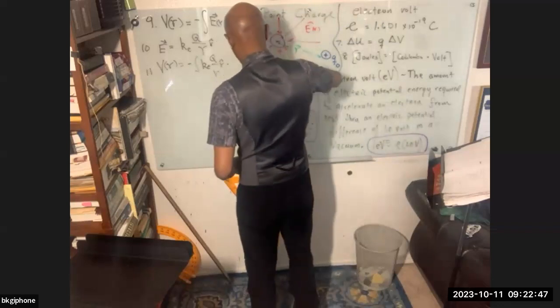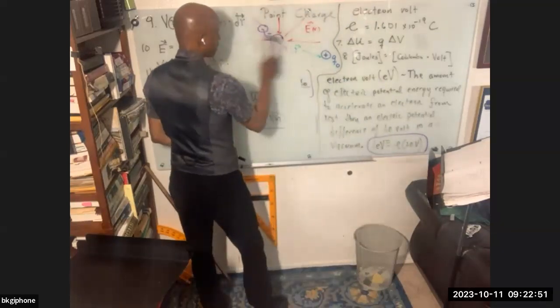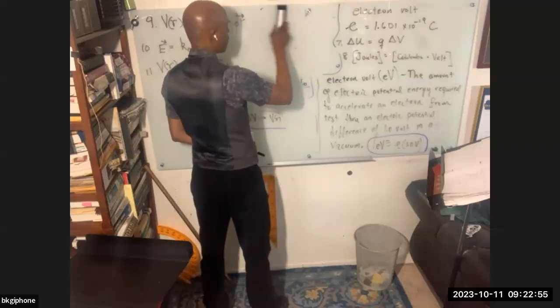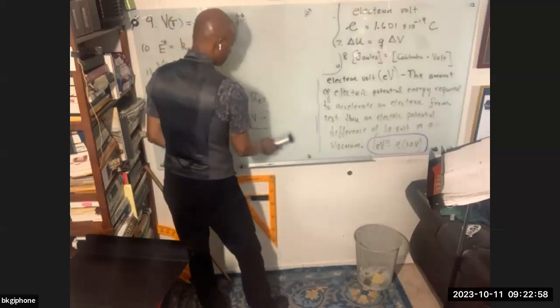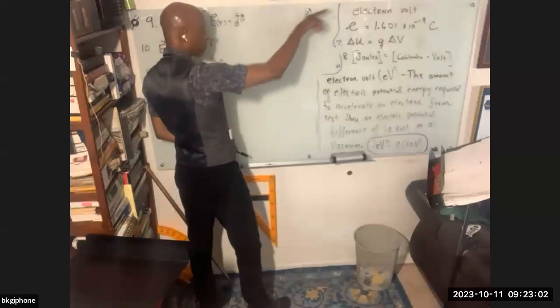They're always going to be parallel or anti-parallel, depending on whether you're talking about a positive or negative charge. dr always points radially away from the charge.